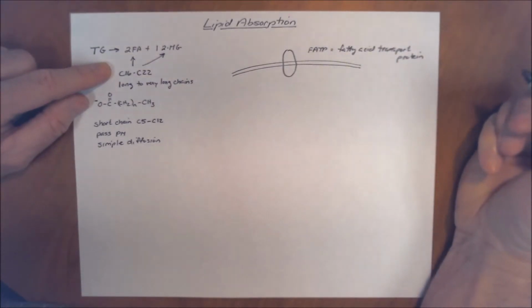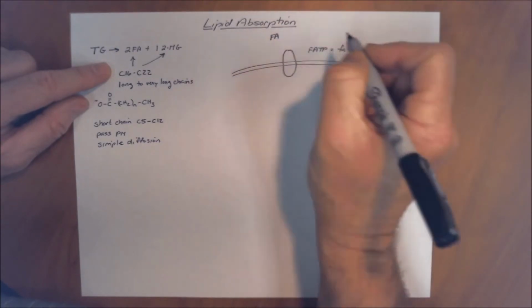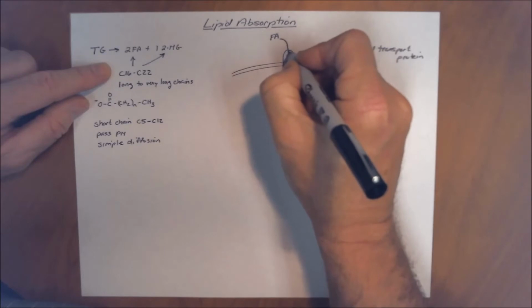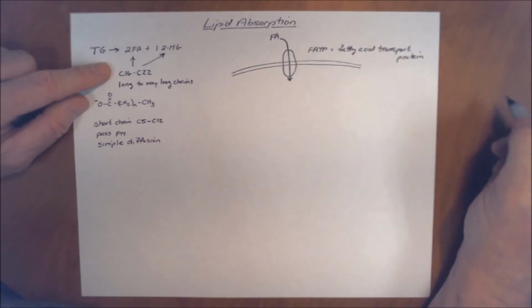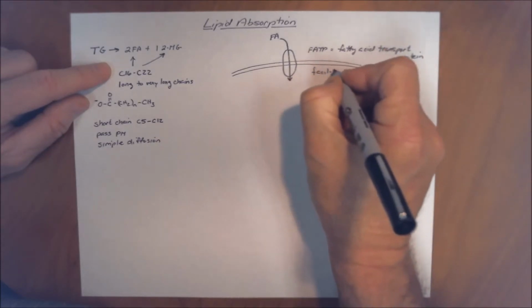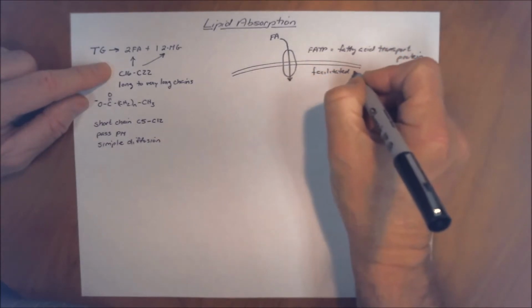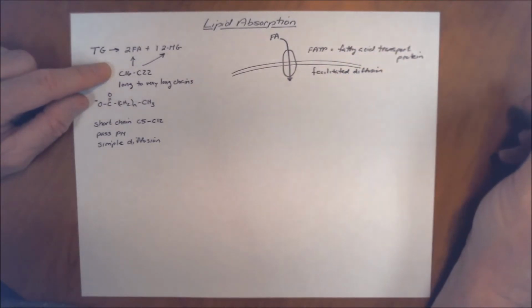These transporters work by binding the fatty acid from the outside of the cell and transporting it to the inside of the cell by facilitated diffusion. So there's no active transport involved in this process.